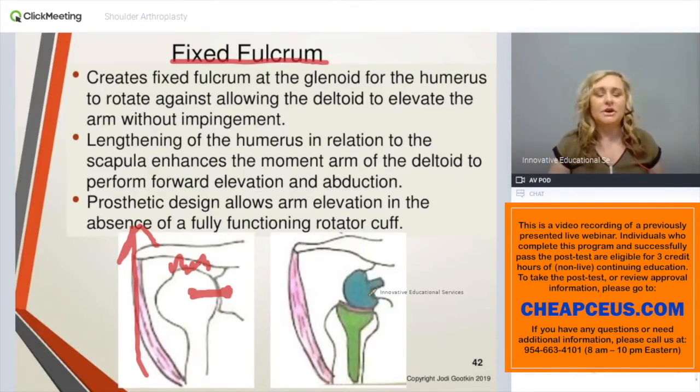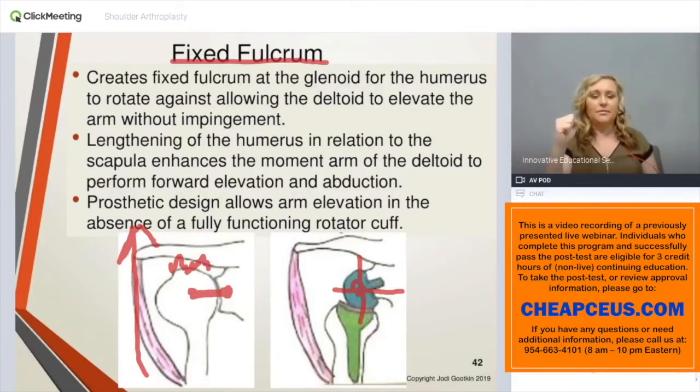On the right-hand image here, if you look at where the center of rotation is of this componentry, so if we look at the center alignment of the glenoid component, which is the convexity, and then the center alignment of the humeral component, which is the concavity, the center of rotation is actually moved medial and inferior.